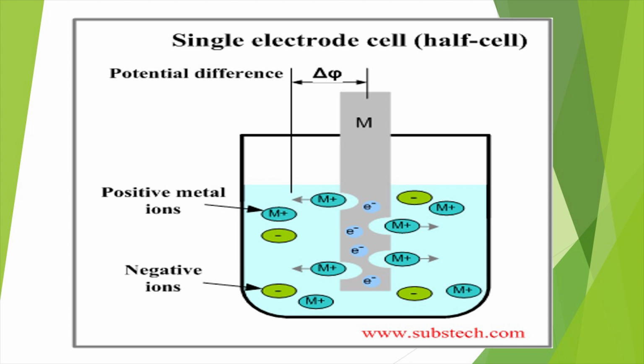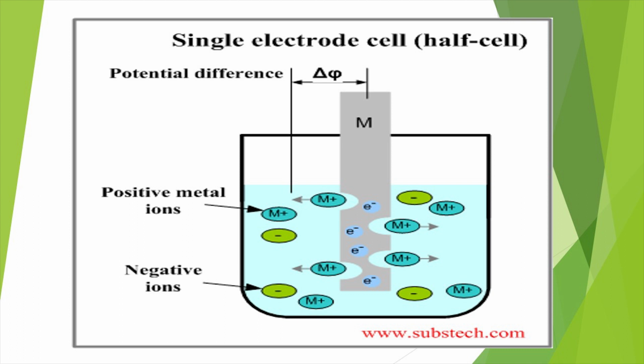Here the charge separation occurs at the interface between metal and the solution. A dynamic equilibrium will be established when the rate at which ions are leaving the surface is exactly equal to the rate at which they are joining it again.